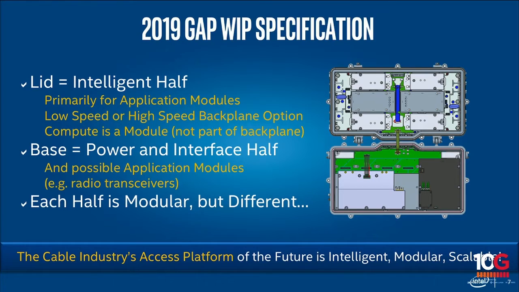I think compute as a module makes a lot more sense for a lot of reasons, so I think we got that one right in the work group. And yes, the base is primarily for power and interface, but there's also an opportunity to put application modules in that half if you needed to. That would apply for optical use cases, as an example, or possibly wireless, where you have to connect to an external antenna. So generally, we've evolved along the lines of the proposal we put forth last year.